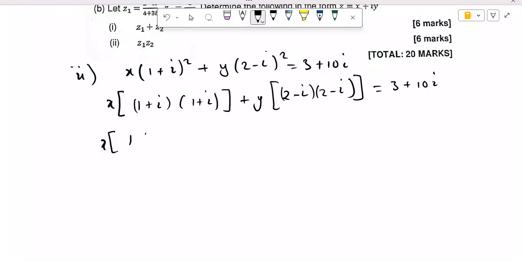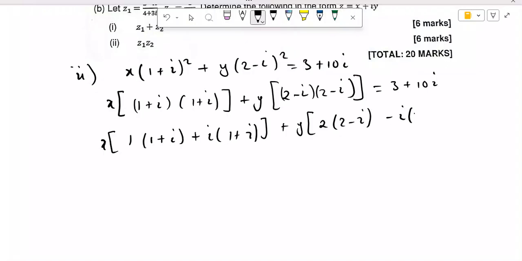Okay, so now doing it old school, x: 1 multiplied by everything here, i multiplied by everything here, so you have (1 plus i)(1 plus i), this is the first part, plus y, so you have (2 minus i)(2 minus i).